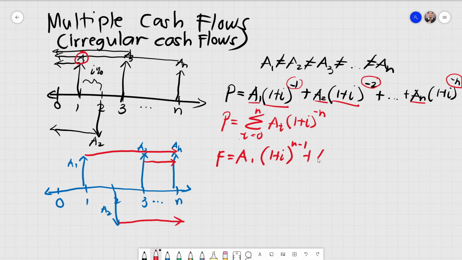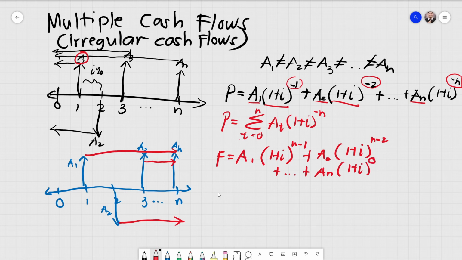And then A sub 2 times 1 plus I raised to n minus 2, and so on up until umabot siya sa A sub n times 1 plus I raised to n minus n, or just simply 0. Okay.